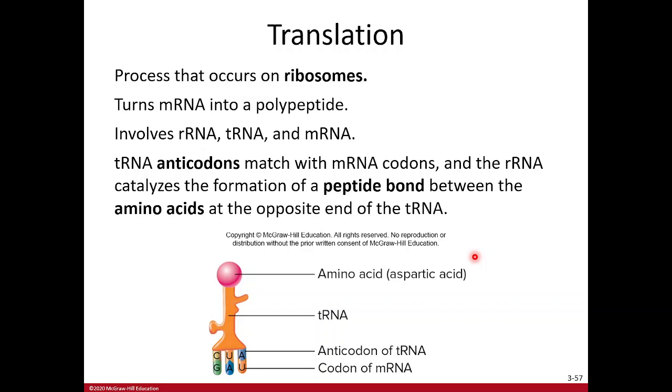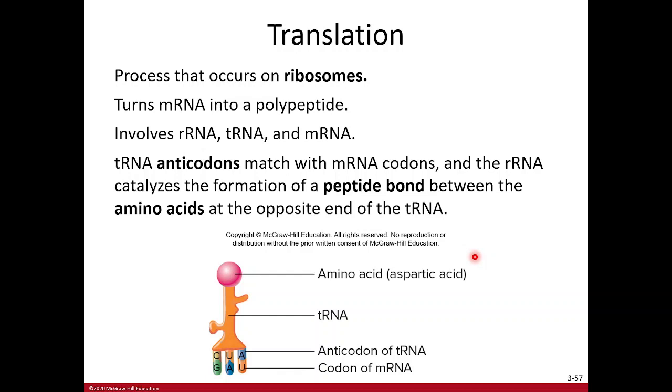Now, once you have the cytosol with messenger RNA, the messenger RNA can either go to the ribosomes in the rough endoplasmic reticulum or the free ribosomes to make these polypeptides. So translation involves the cooperation between the three RNAs: ribosomal, transfer, and messenger.